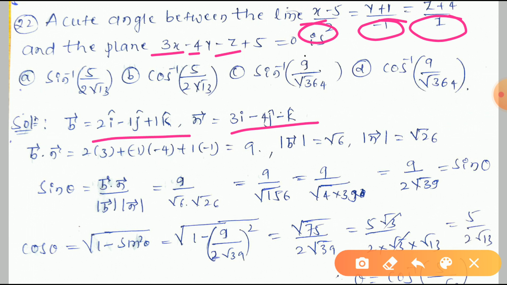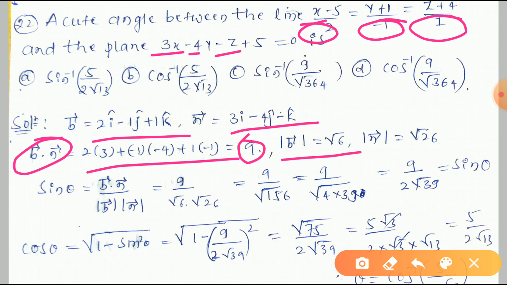Okay, here we know the definition: suppose two vectors are given, then their dot product is equal to 2 into 3 plus minus 1 into minus 4 plus 1 into minus 1. After simplification we get b dot n is equal to 9.